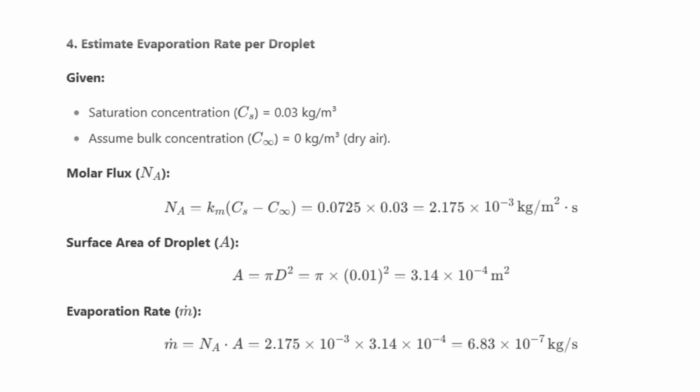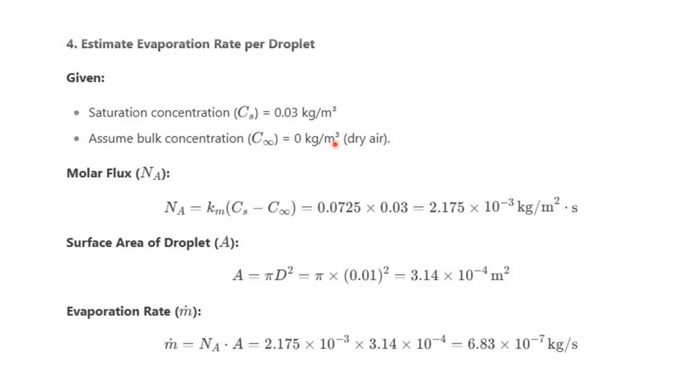Next, the fourth part is to estimate evaporation rate per droplet. Here, the given data from the question is that saturation concentration, that is Cs, is 0.03 kg per meter cube. We assume bulk concentration C infinity to be 0 kg per meter cube because of dry air. So now we need to calculate molar flux.